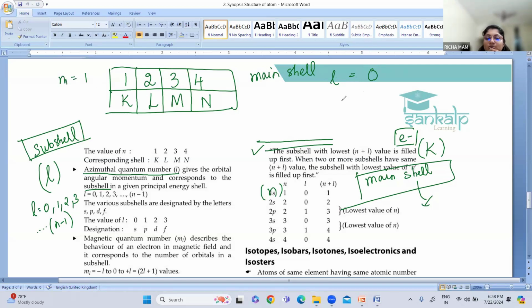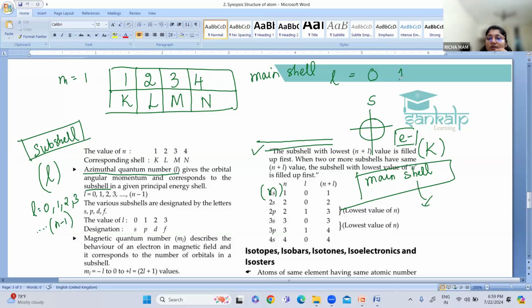If the azimuthal quantum number l equals 0, it is represented as the s subshell. What is the shape? It is spherical in shape. We know that, right? s is spherical in shape.